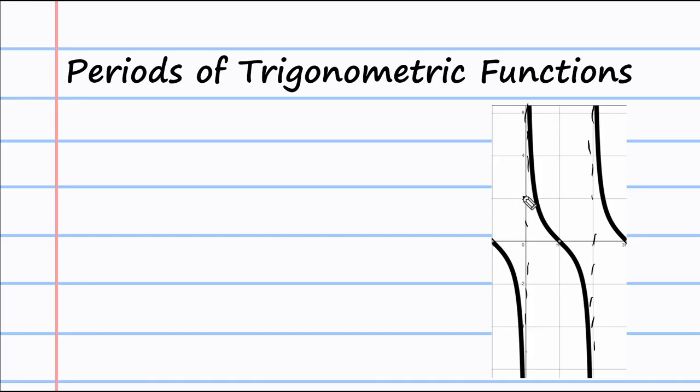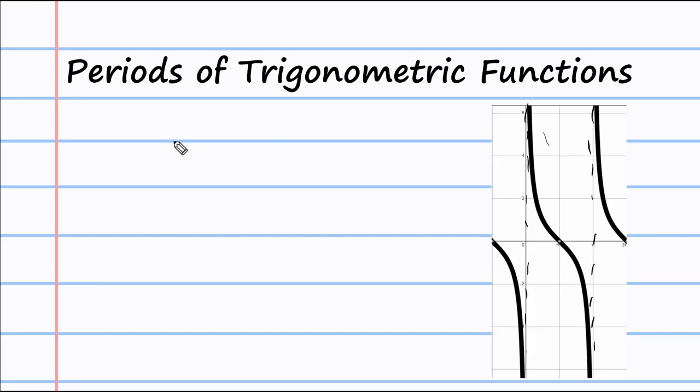Okay, so last but not least, we have the function cotangent of x. Let's just say it starts at x equals 0, and we have another dashed line at x equals pi. The function cotangent of x goes from positive infinity, reaches y equals 0 at x equals pi over 2, and then it goes back down to negative infinity, and then it repeats itself again.